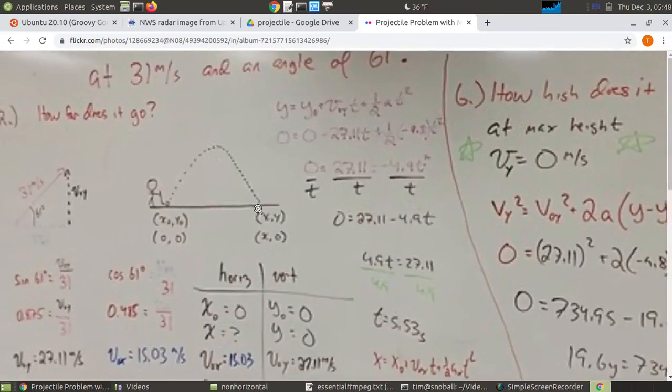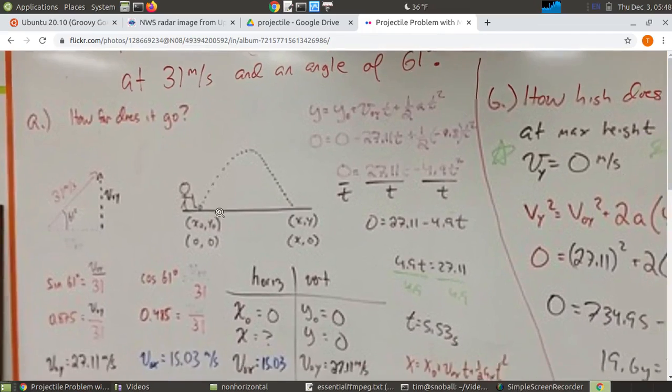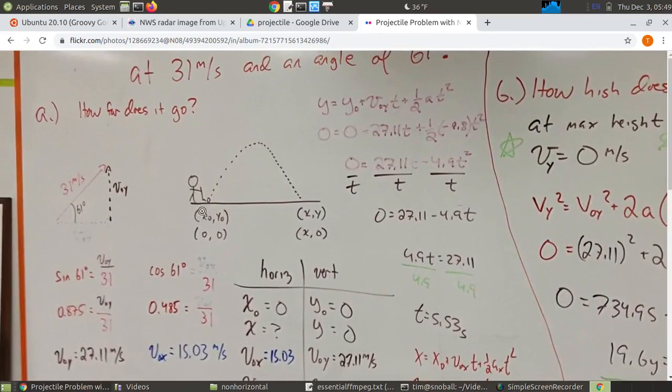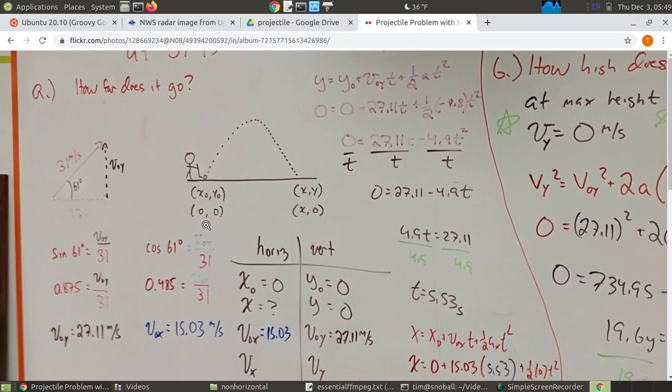Part A, pretty similar to how we solve all of these problems. We start by making our picture. For this type of problem where it lands at the same height, usually it's best to call the origin the launch point, because that makes 3 of our 4 distances 0.